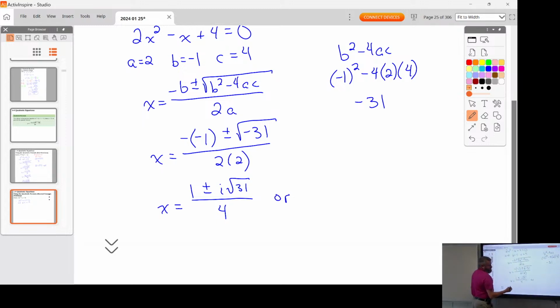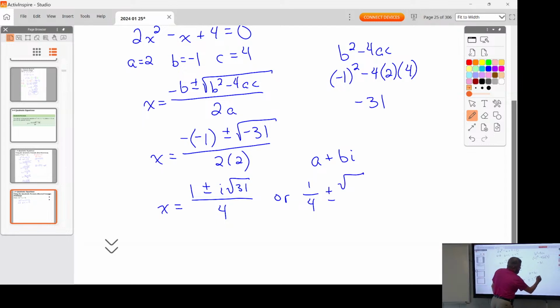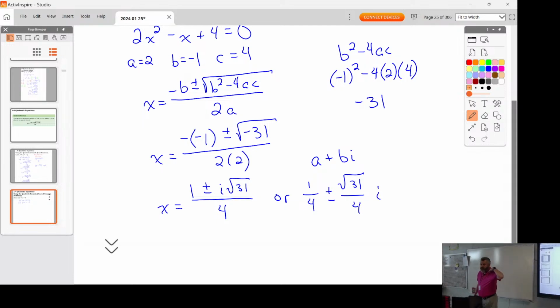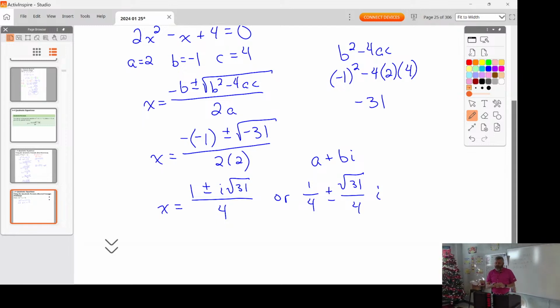I would break it up into the, remember a plus bi is a complex number? I would break it up into 1/4 plus or minus the square root of 31 over 4 i. Really? Okay, so sometimes it specifies in standard form. Okay, that's what it's saying.